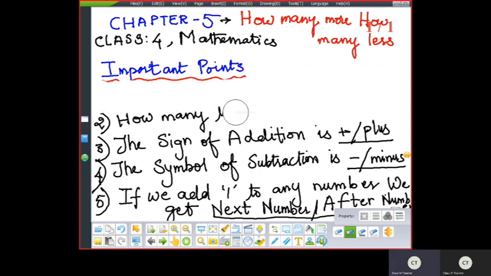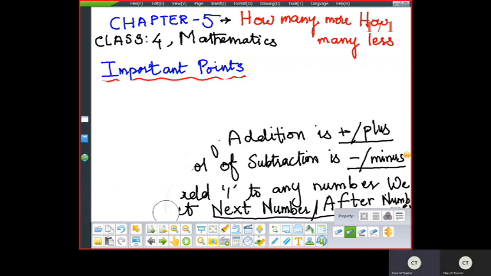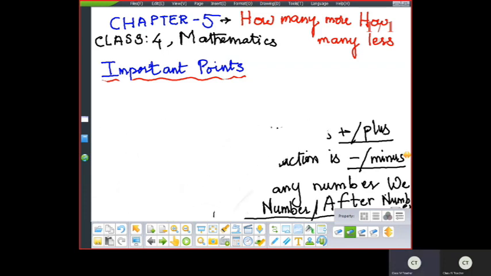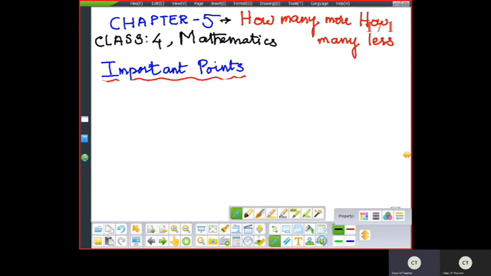So if we add 0 to any number, what do we get, children? 0 with any number. 0 is always 0. And the number what is there? That number will be your answer.